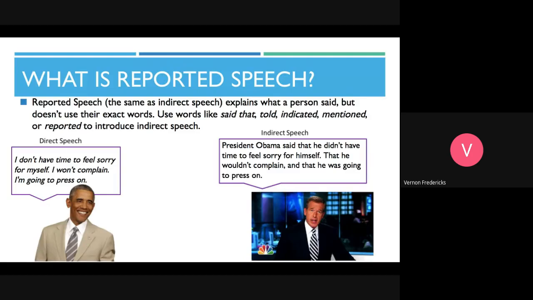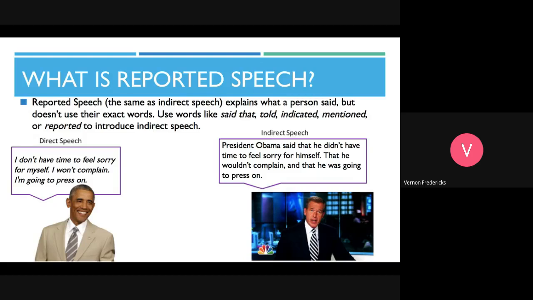Sentence number two: I won't complain, that he would not complain. There you see it also moves back. I will not complain becomes he wouldn't complain. It moves to the past. And that he was going to press on: the verb changes again. I am changes to he was going to press on.